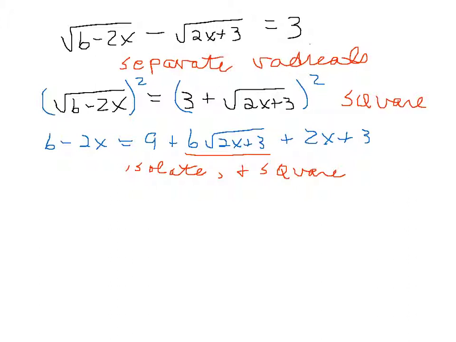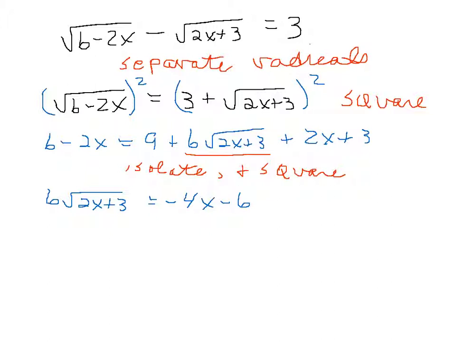So when we isolate it, here's what we come down to: 6 times the square root of 2x plus 3, and you should check this work to make sure that I've done it correctly, is equal to minus 4x minus 6.